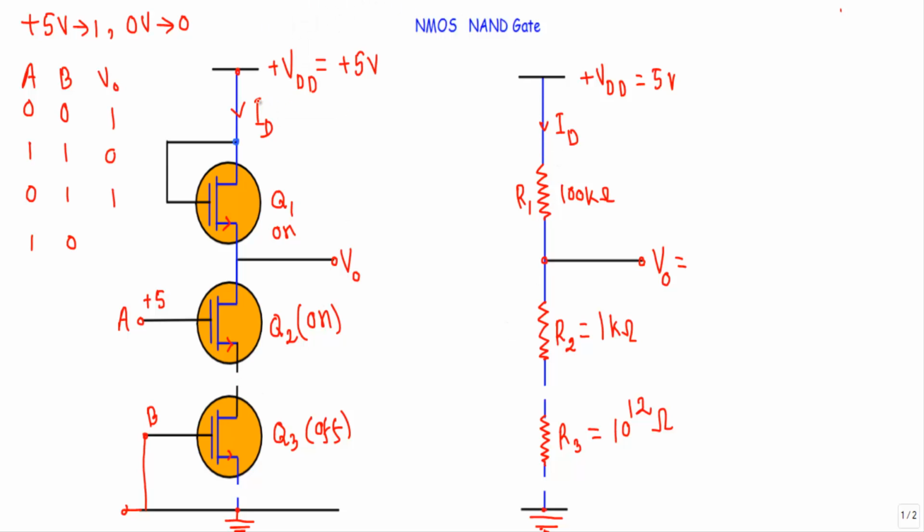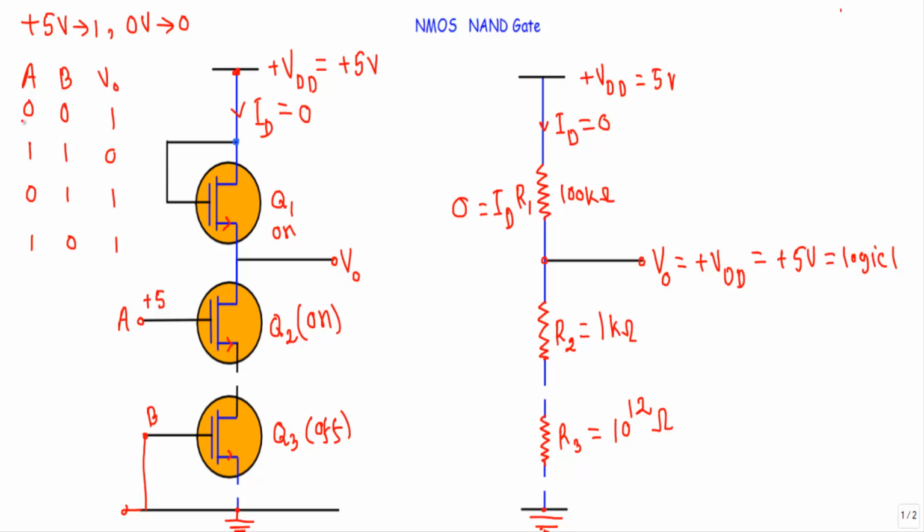Therefore you will see there will be no closed path from this terminal to this terminal. ID will be equal to 0. As ID will be equal to 0, therefore ID R1 will also be equal to 0. Therefore our output voltage VO will be equal to plus VDD, or plus 5 volt, or our output will be at logic 1.